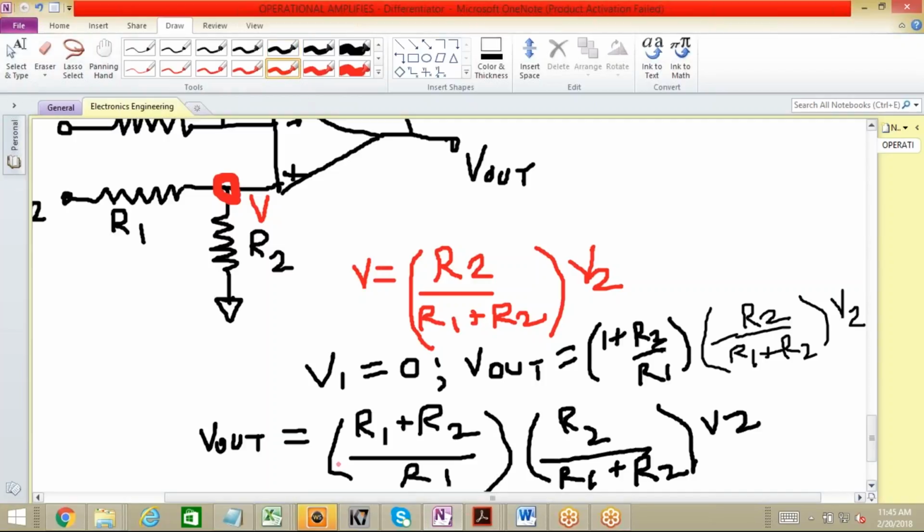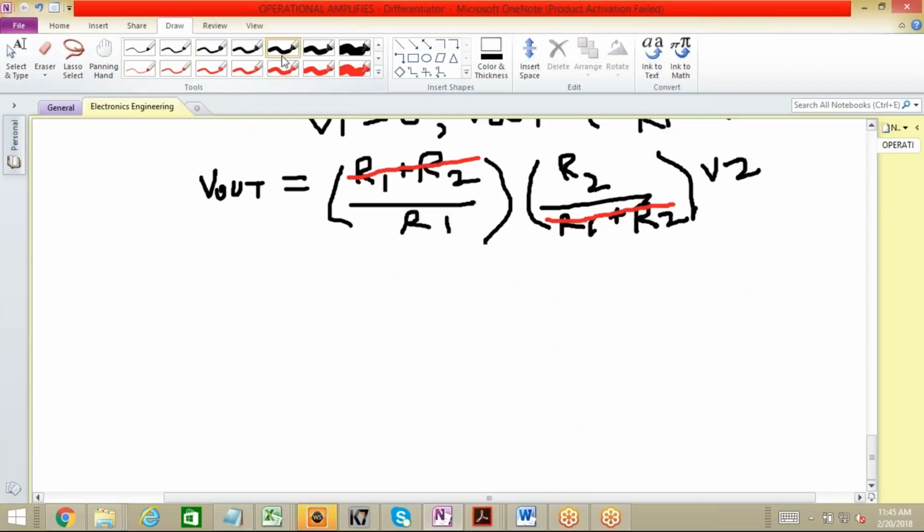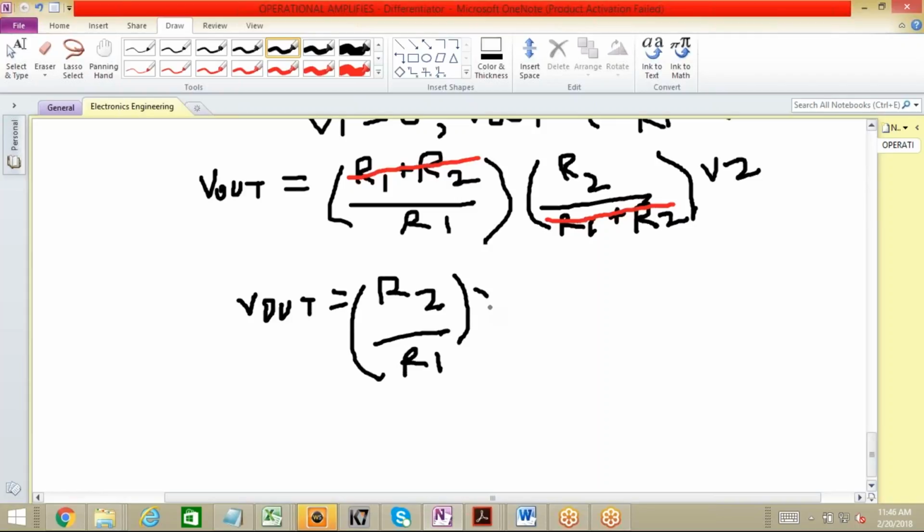Now this R1 plus R2 will be cancelled out on top and bottom, and V output will become R2 upon R1 multiplied by V2.